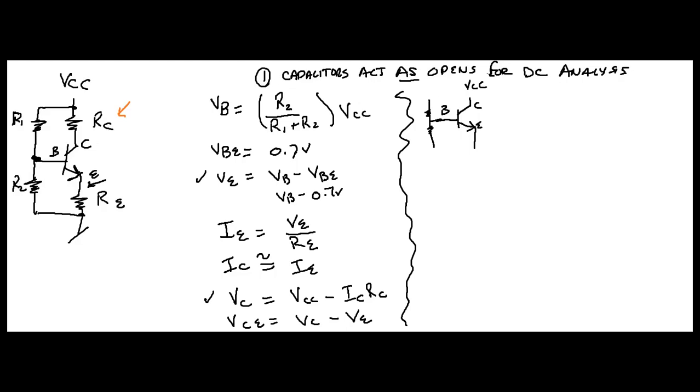I'm just going to draw it right up on top here. It's just a separate VCC source. VCC. Okay? Now, you can see that this R2 goes to ground, right? And here's VCC. Okay? So let's Thevenize this right here.